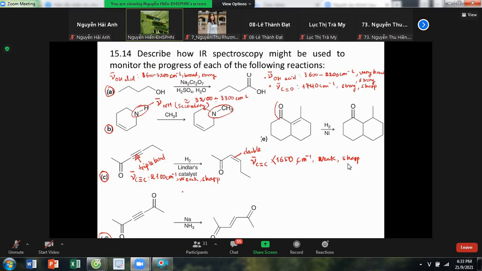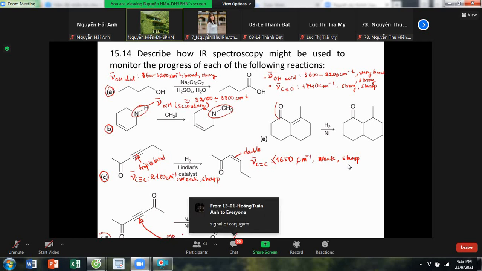No. It is different from CMB because we don't have a signal for double bond and triple bond. Actually, we cannot base on the signal of double bond and triple bond to differentiate between those signals. So we cannot base on this. Yeah, so we have to base on conjugate.